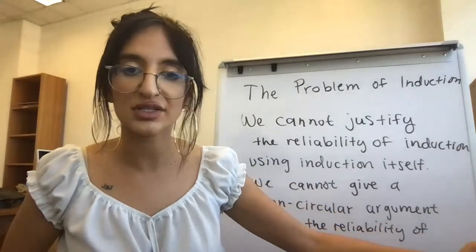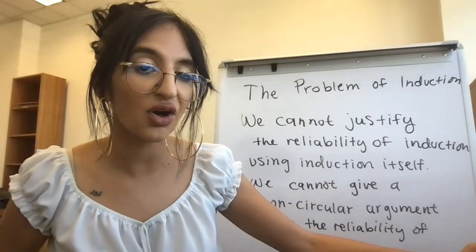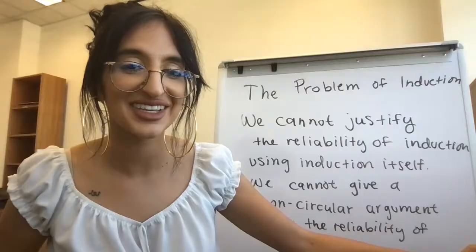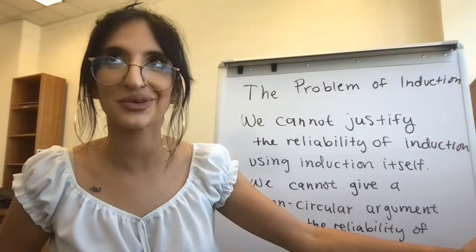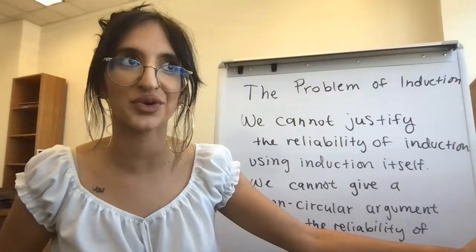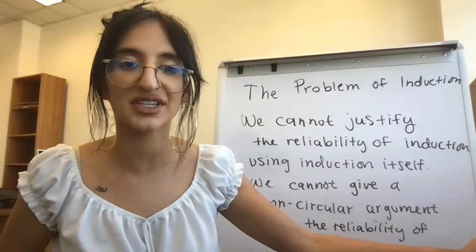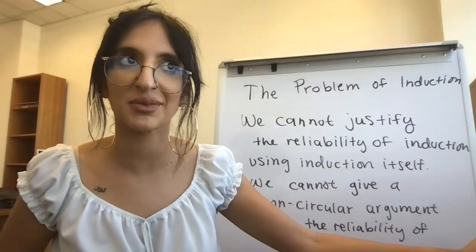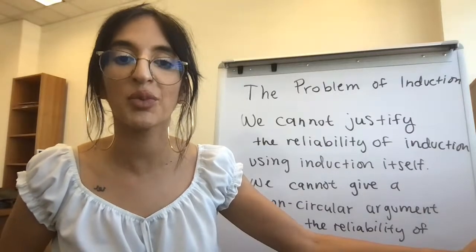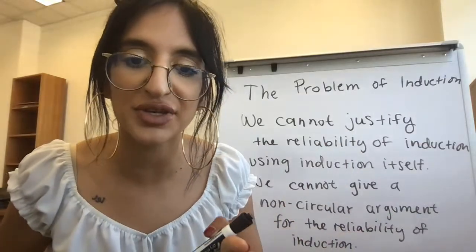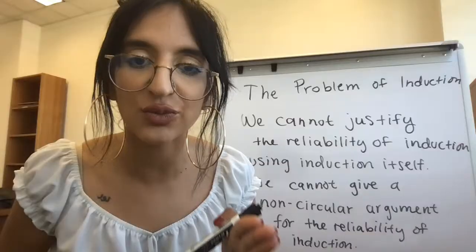But now notice, when the scientist gives this argument, all they're saying really is that induction works. They're like, oh, I know tomorrow when I combine two hydrogen and one oxygen, I'll get water because I've observed it every time in the past. Because every time in the past, when I used induction, it worked. But the question we're asking in the first place is, why and how does induction work?